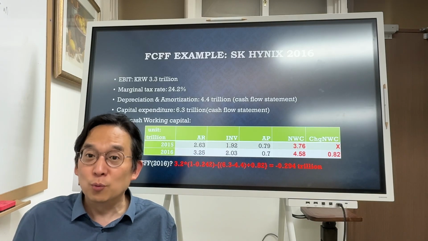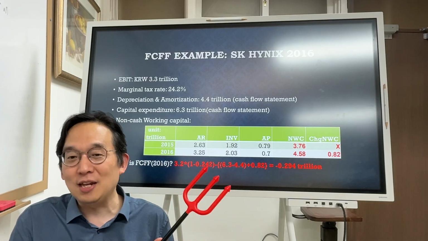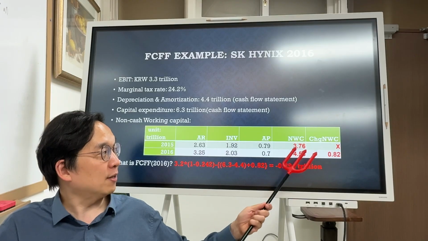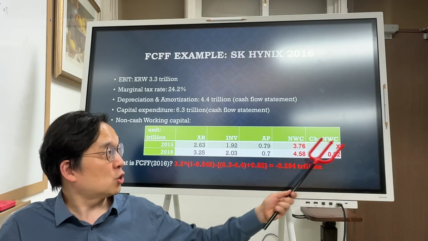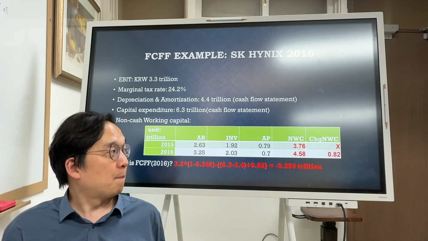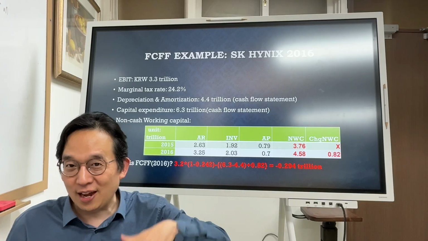So suppliers took more cash from you, okay? So in all respects, it was draining your cash. So net non-cash working capital increased, and the change in non-cash working capital is plus 0.82 trillion Korean won. It was draining your free cash, right?